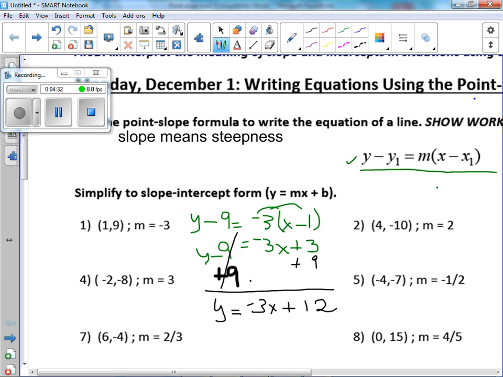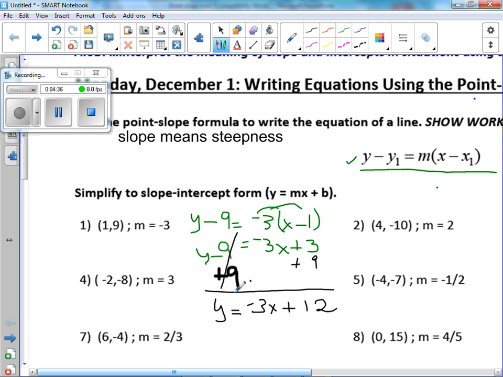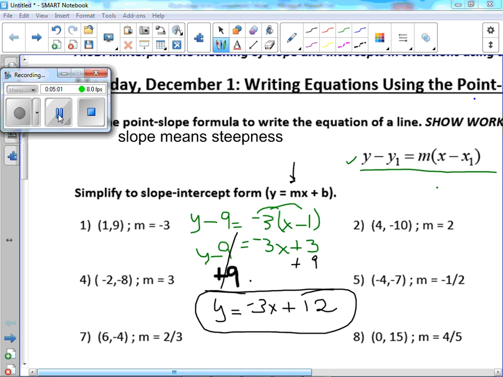That is the answer. Well, you say, how is that the answer? I'm sure many of you are confused, and that's okay. But this is the slope intercept form, and you know that the slope is -3 and the y-intercept is 12, so you could easily graph that in a coordinate plane. So let's not get ahead of ourselves. Let's work through the homework and eventually it will make sense to you.